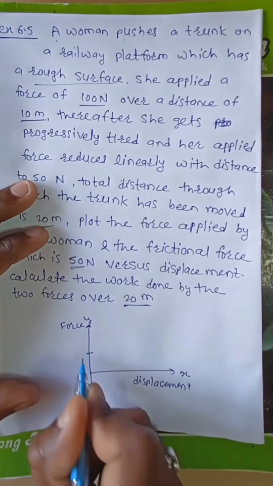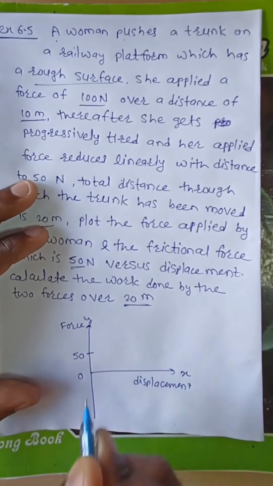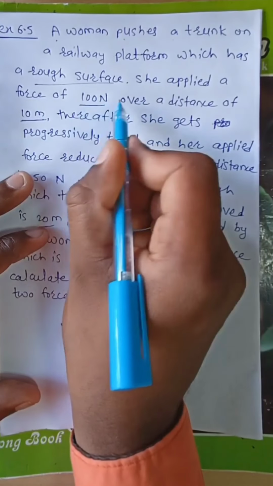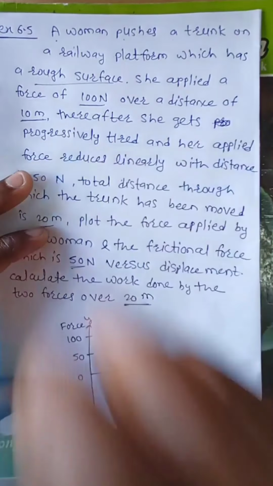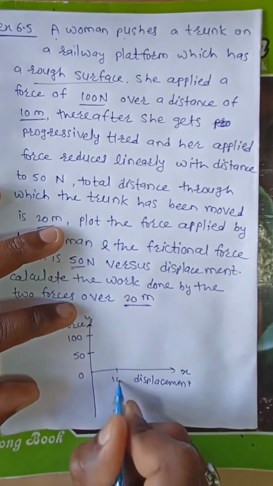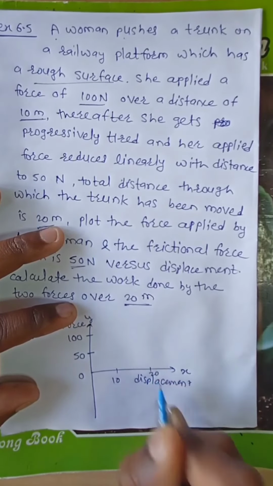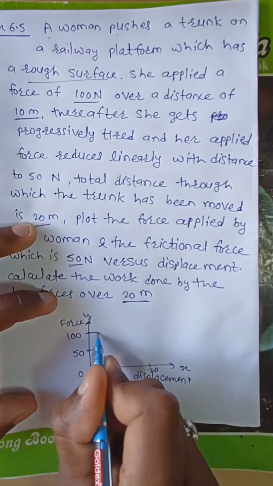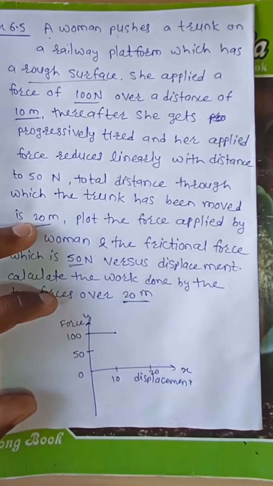Now see here, here is 50 newtons, here is 0 newtons, here is 100 newtons. The applied force is 100 newtons over a distance of 10 meters. Now this is the 0 meter, this is the 10 meter, this is the 20 meter. Up to 10 meters the applied force is 100.